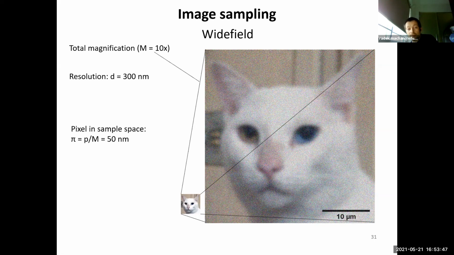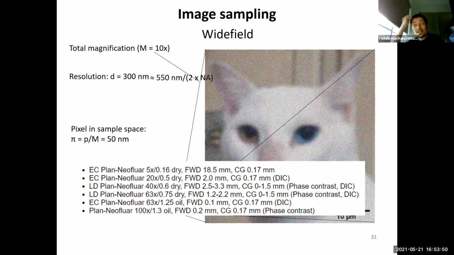With a wide field microscope, of course, the sampling is defined by the size of the camera pixels. So there's not much I can change unless I reconfigure the microscope. But typically, this is something which is done when the microscope is set up.